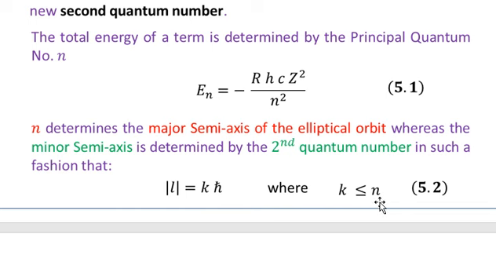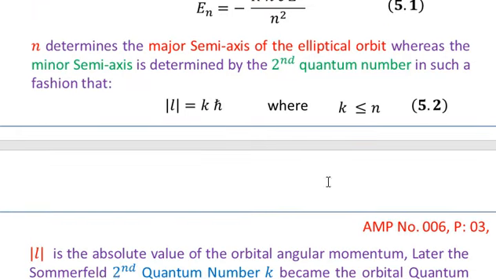Before that, we have seen a similar relationship, but that relationship was in the form of the principal quantum number n replacing the quantum number k. Now you see that according to Sommerfeld, the quantum number k has replaced the principal quantum number n suggested by Bohr, because Bohr suggested circular orbits, and according to Sommerfeld the orbits could be elliptical.